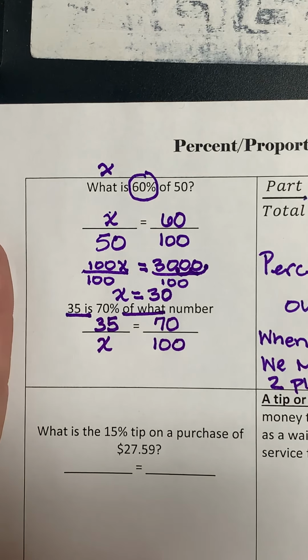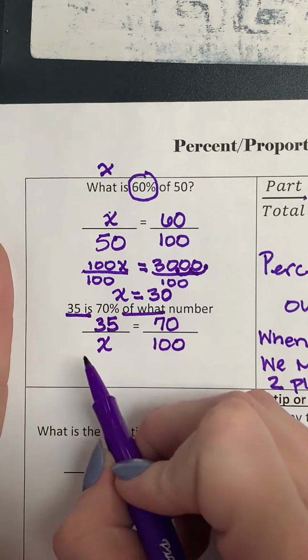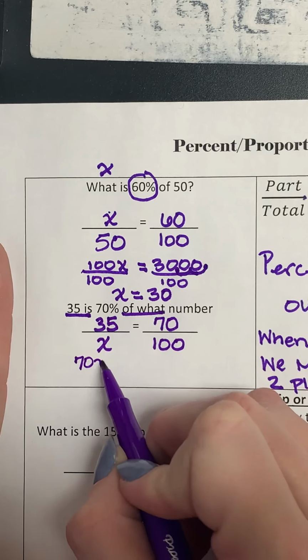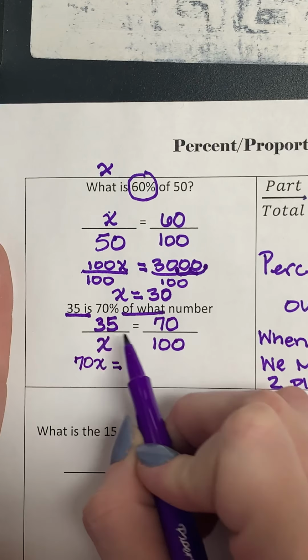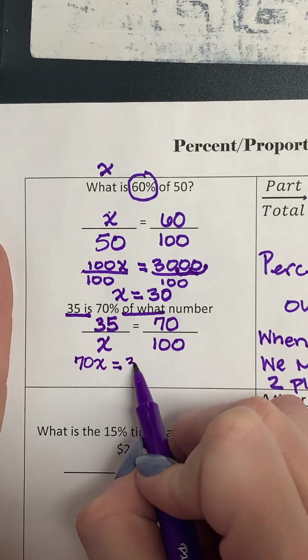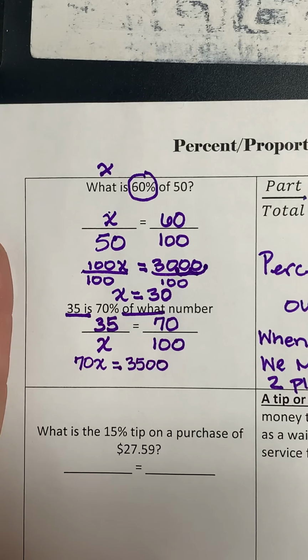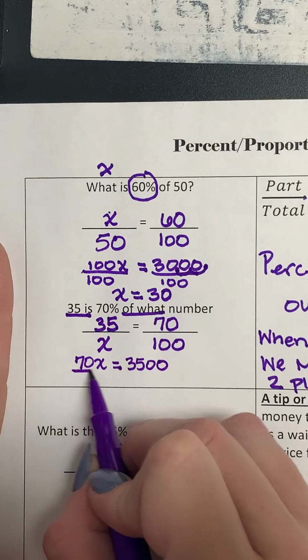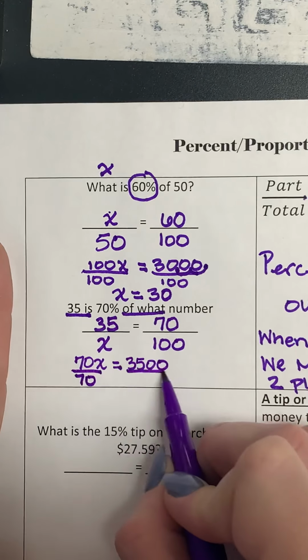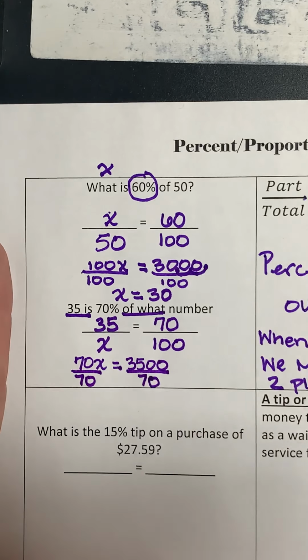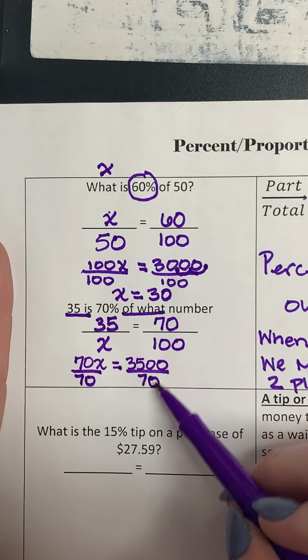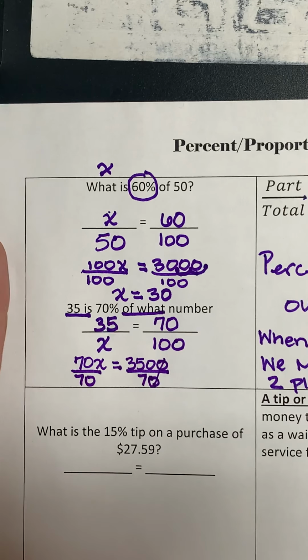Once again, from here, you're going to get your cross products. So 70 times X is 70X. And 35 times 100 is 3,500. From there, we're going to divide by 70. Remember, I can simplify by 10 and get rid of zeros there.